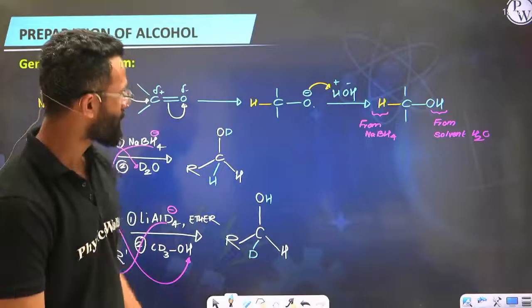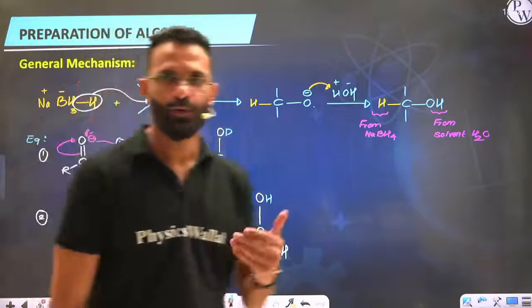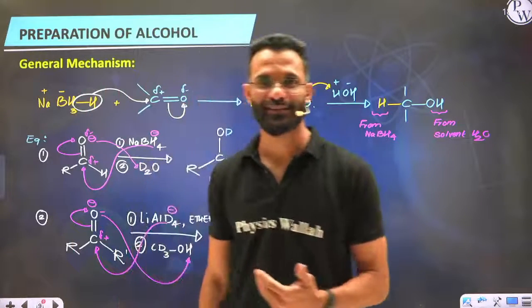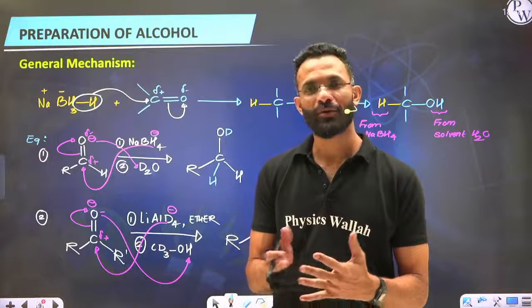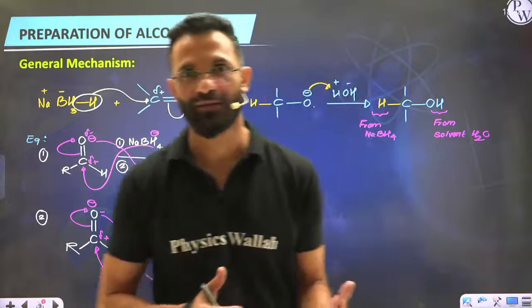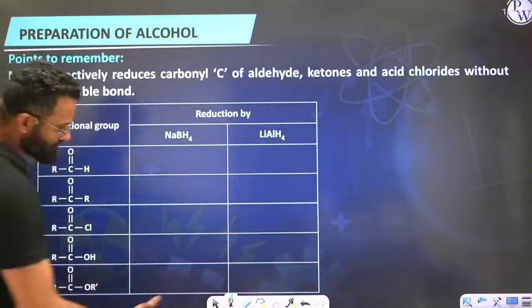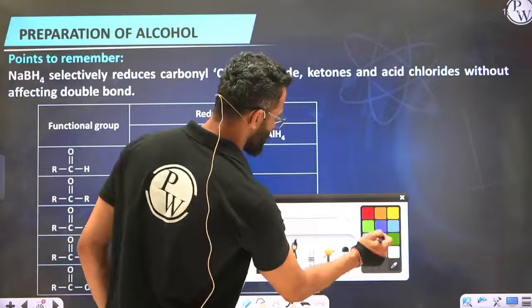Okay. Well, we have taken reaction with simple aldehydes and ketones. Now let's try and understand what we explained right in the beginning of the reaction, that sodium borohydride being a selective reducing agent, what kind of carbonyl compounds is it going to reduce? So here is the table for us. Read it carefully, everyone.